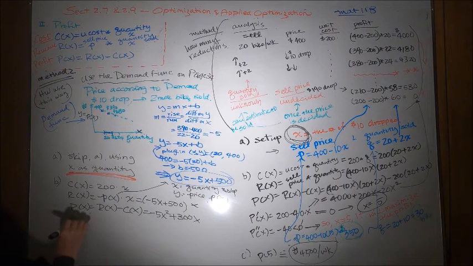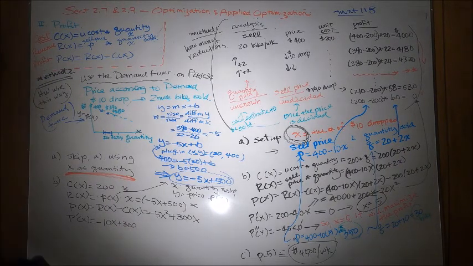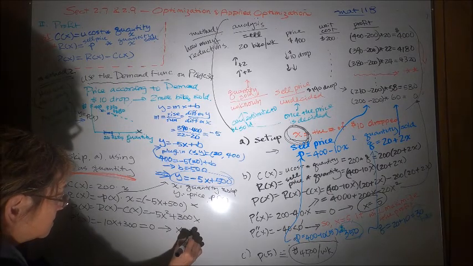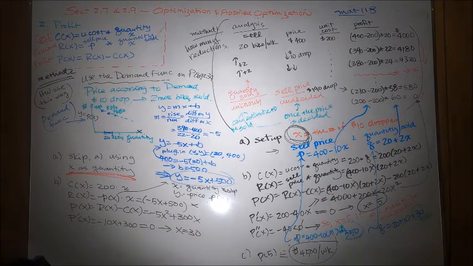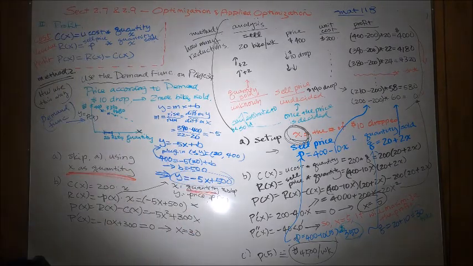So if we do the same thing, the rest of the skills are the same. So we take P prime of x, which would be negative 10x plus 300, right? If this is 0, what's your x? x is 30. What is x? Quantity sold.